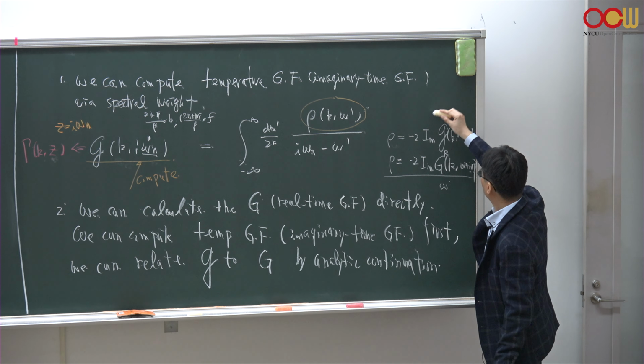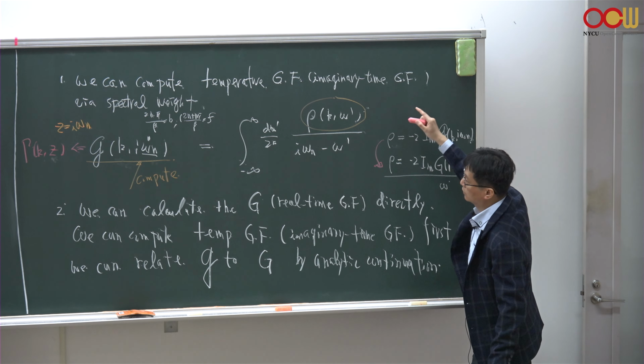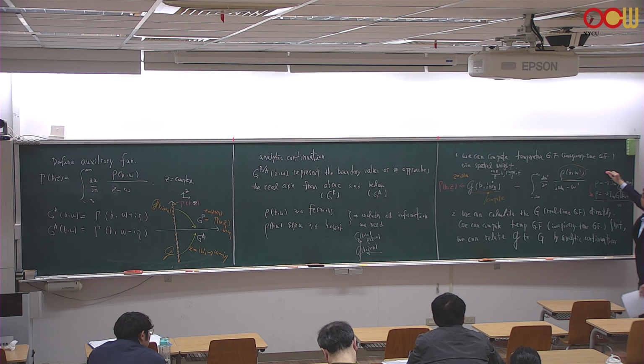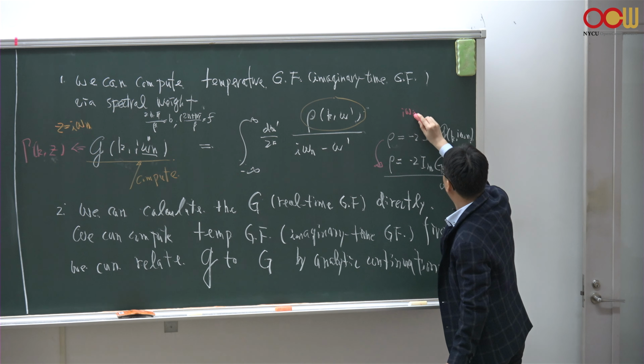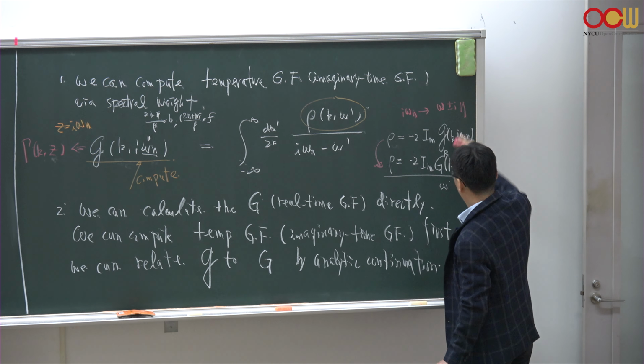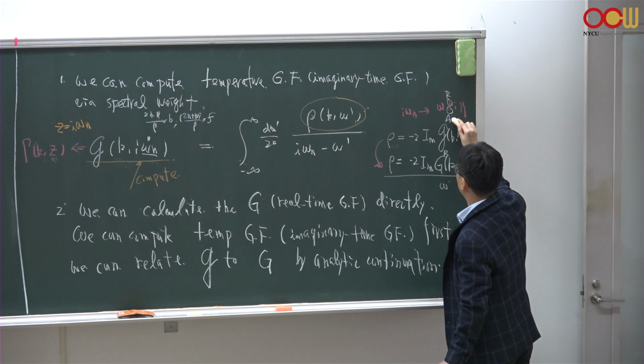Okay, so meaning when I do such an identification, I use this analytic continuation that we just defined, by letting i omega n go to omega plus or minus i eta, where plus refers to retarded and minus to advanced.